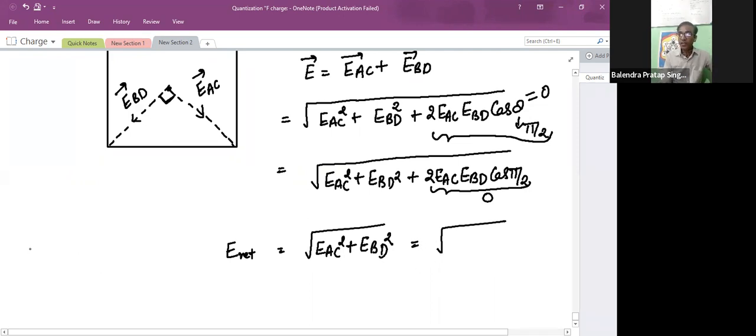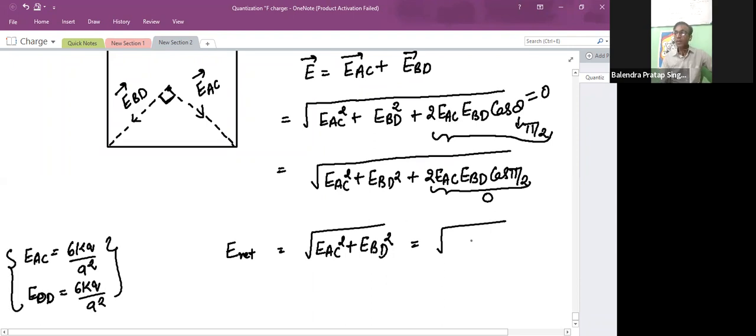Let me write here. EAC, what we calculated, is 6KQ by A square, and EBD is again 6KQ by A square. Both are equal. So from here we can write this is equal to 2 EAC whole square.